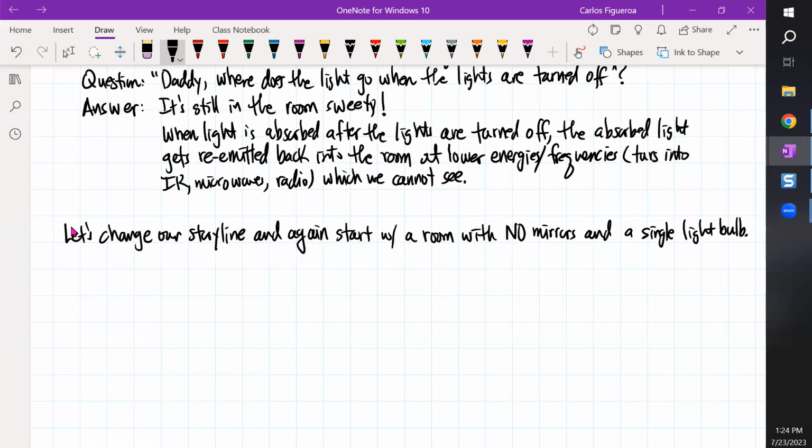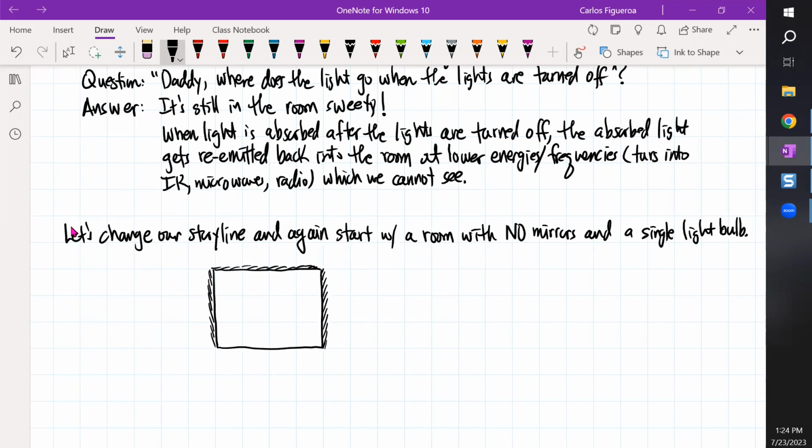So picture-wise, what am I actually seeing here? So here's the room. And this here is just a wall, a standard drywall.